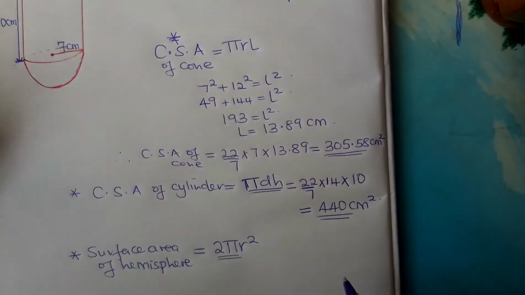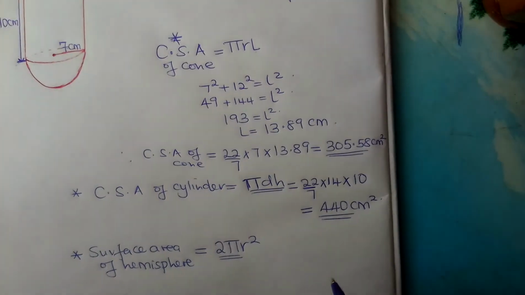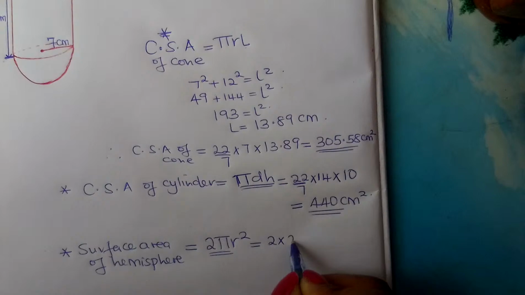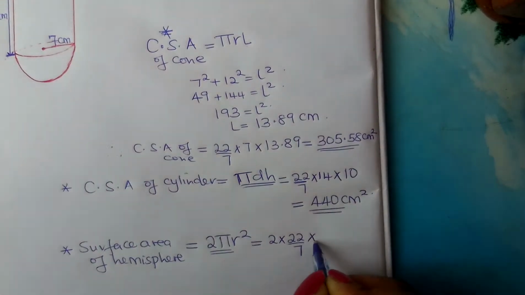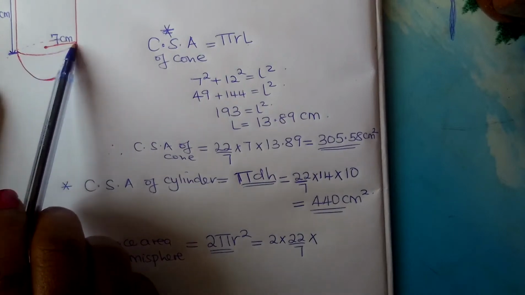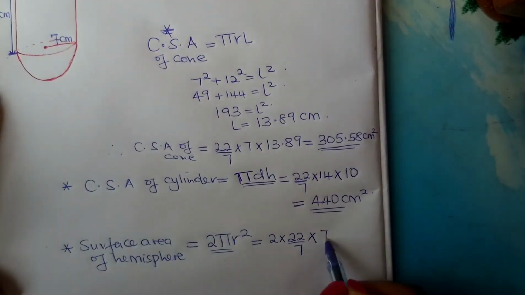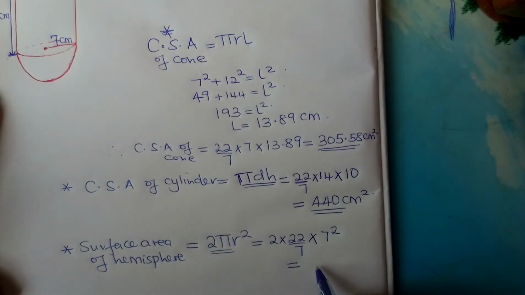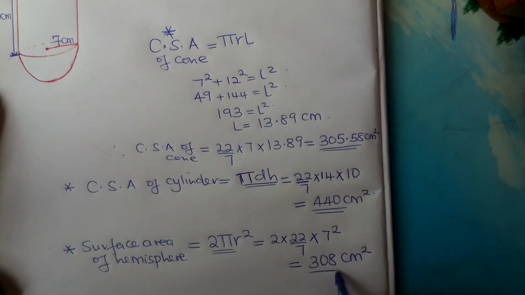This is the formula for the surface area of a hemisphere. So learner, you come and say that this is 2 times 22 over 7 times your r. Your r is 7. So 7 squared. From here, you work out using a calculator, you get 308 centimeters squared.